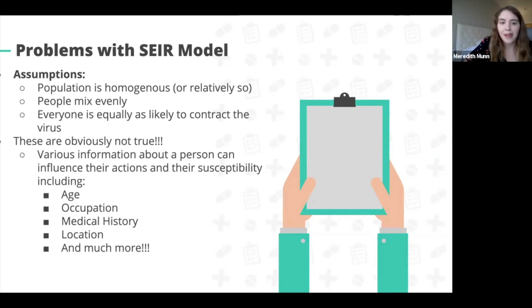Also, as our knowledge of the pandemic grew, things like age, medical history, and location were recognized as factors that significantly impacted a person's susceptibility to COVID-19, as well as the severity of sickness they experienced. According to the CDC, more than 80% of COVID-19 deaths occur in people over age 65, and also health conditions like cancer, chronic kidney disease, COPD, diabetes, HIV, obesity, and so many more make people more likely to get severely ill from COVID-19.